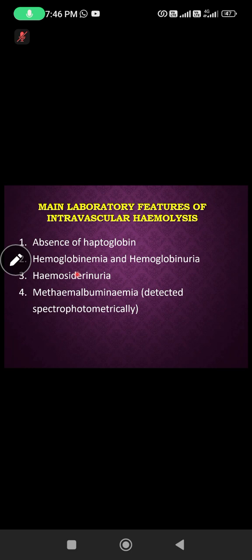So when hemoglobin comes to the glomerular filtrate, and when the hemoglobin passes through the renal tubules, tubular cells take in these hemoglobins.